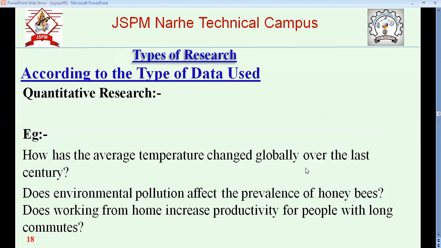Now we'll see a few examples. Our interest may be to see how the average temperature changed globally over the last century. The average temperature of each country, how it is changing over the last century, and why it is changing.